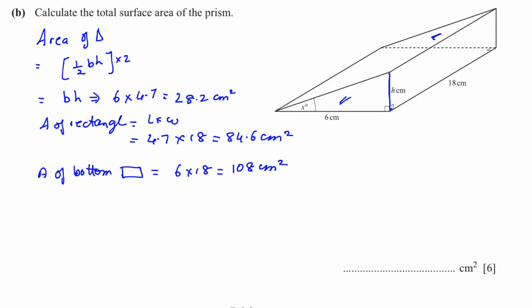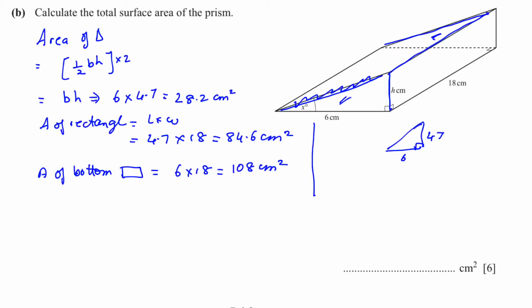The only part remaining is this rectangle, parallelogram. To find that, we need to find this side here, and that is the hypotenuse of the right angle triangle. So we have a triangle which is right angled. This is 6 centimeter. This is 4.7 centimeter.